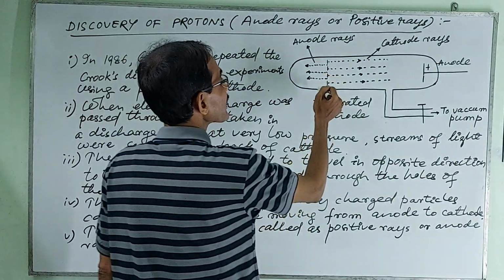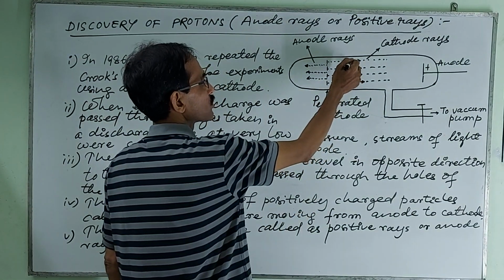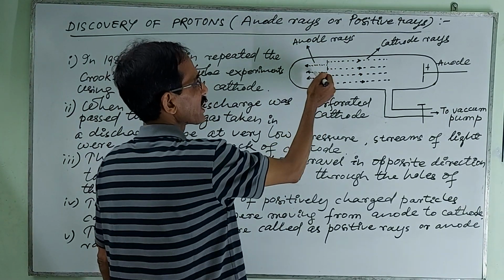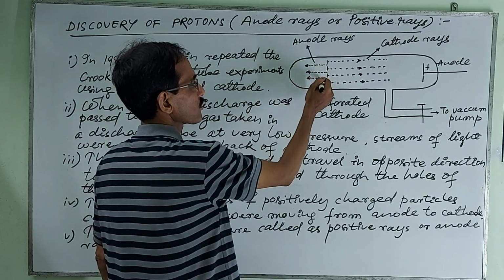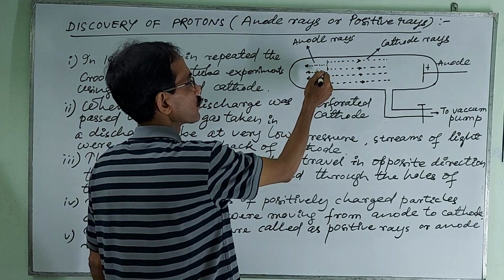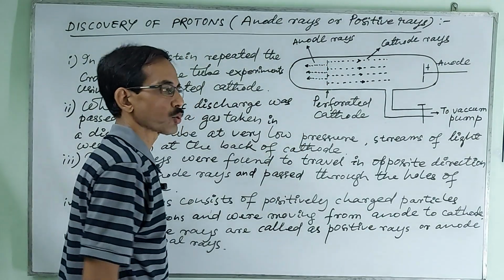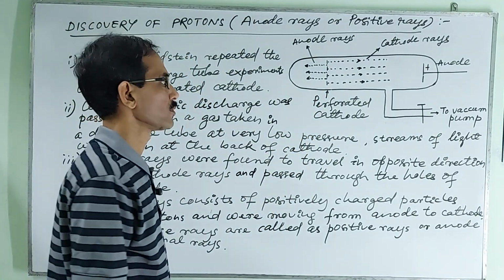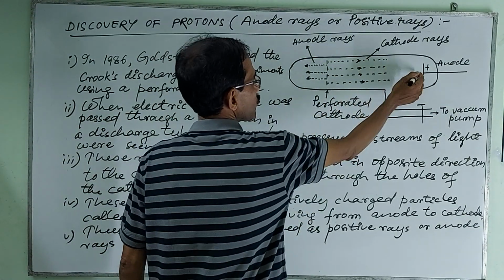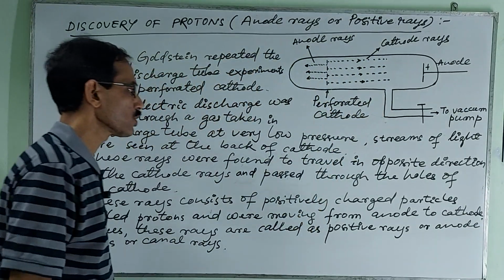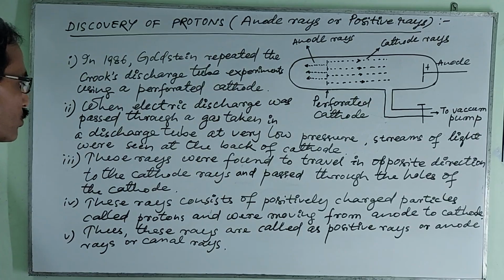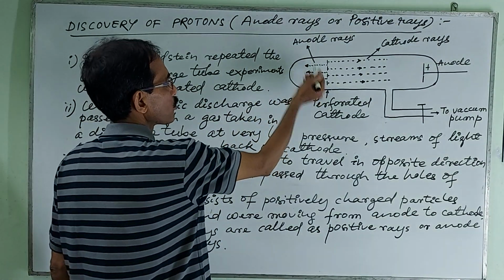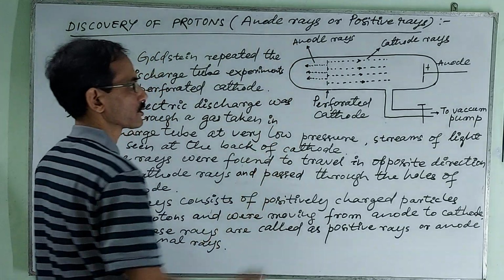If cathode rays consist of negatively charged particles and these flow opposite to the cathode rays, it means they consist of positively charged particles. So these positively charged particles are called protons, and these rays were moving from anode to cathode. These rays are called anode rays or positive rays or canal rays.